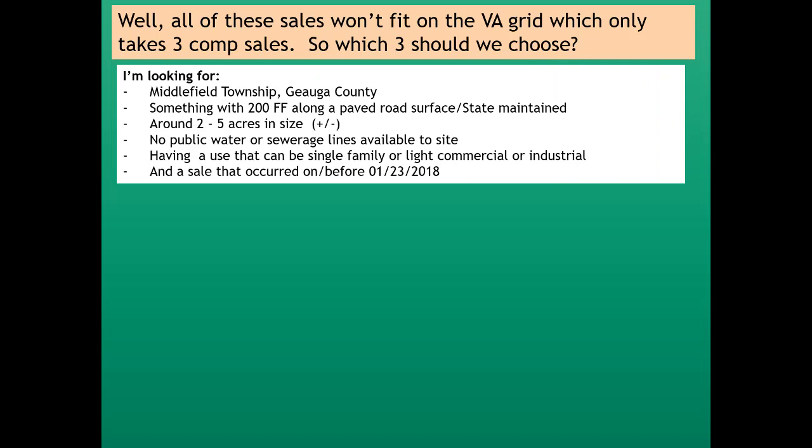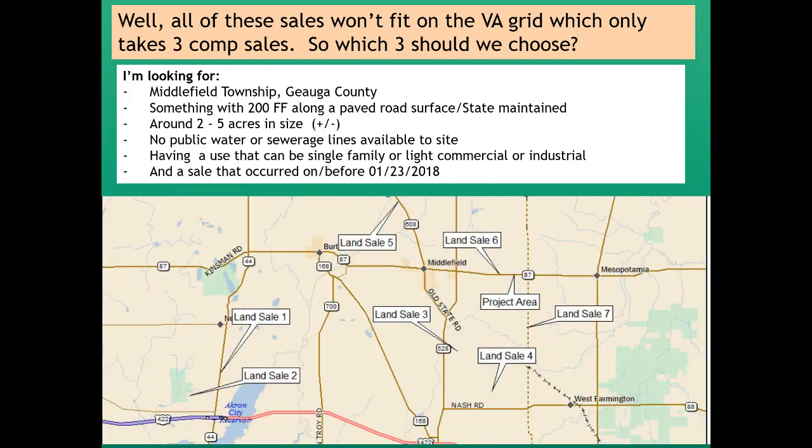Again, looking for Middlefield Township in Geauga County, 200 front feet along a paved road surface that's state maintained, 2 to 5 acres in size, no public water or sewer, use that can be single family and or light commercial or industrial, and had to have occurred on or before January 23rd, 2018.